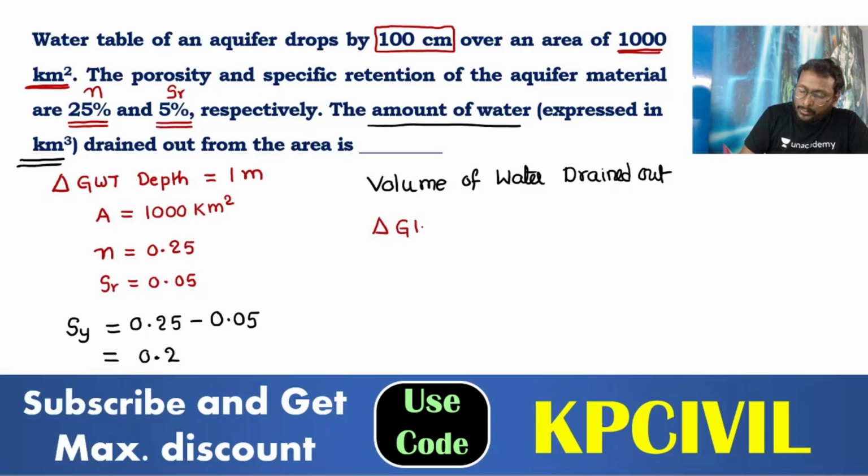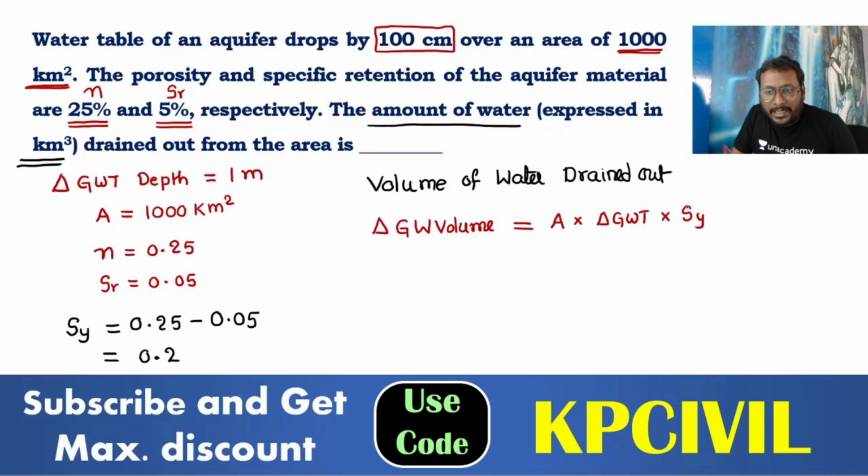Change in groundwater volume, V means volume, is equal to area into change in groundwater table depth into specific yield.